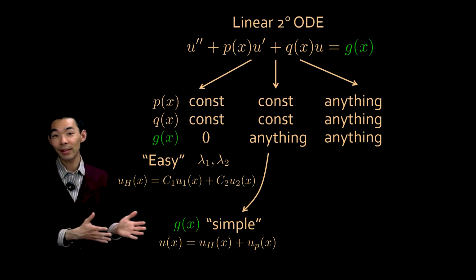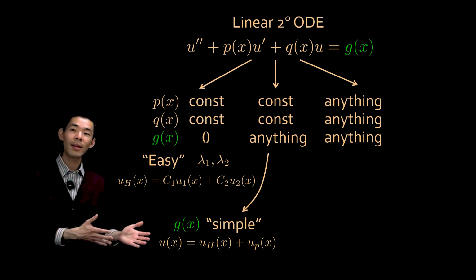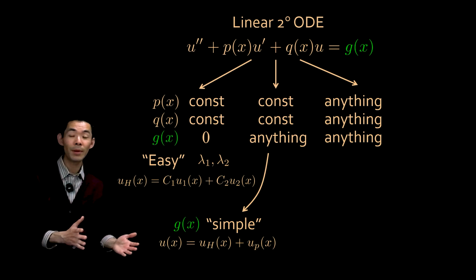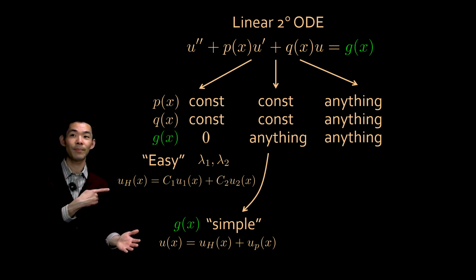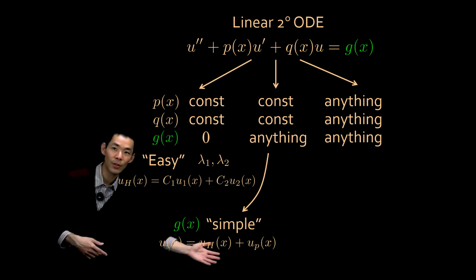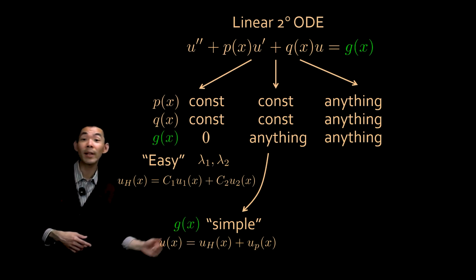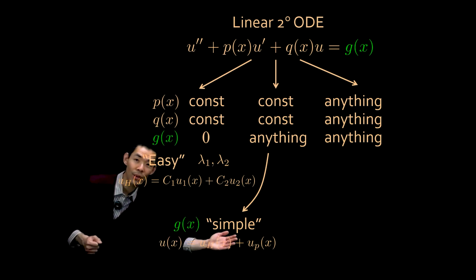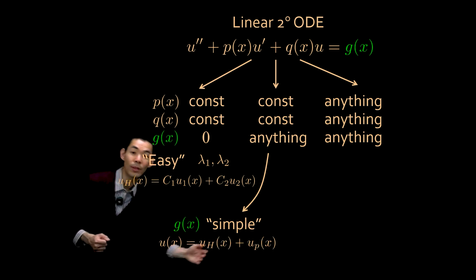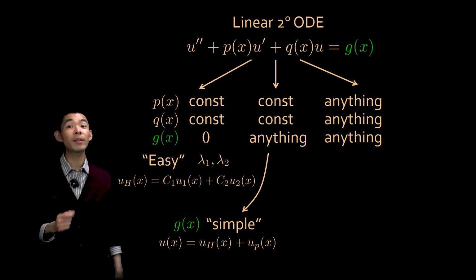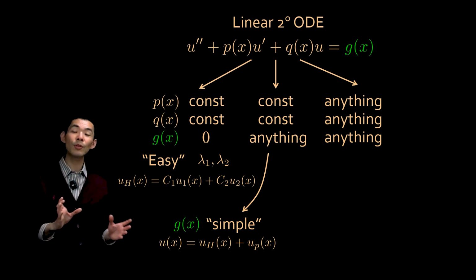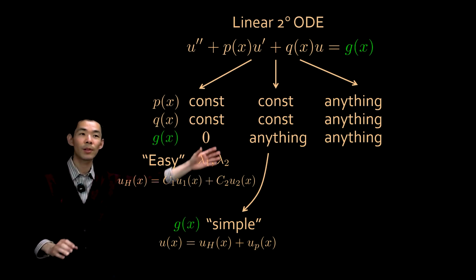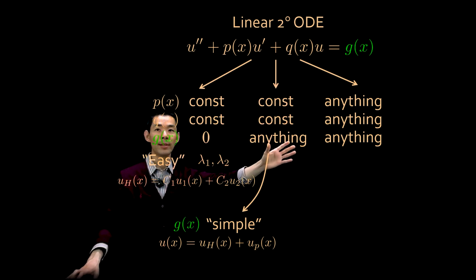If it's in this particular category, then our overall solution u of x is simply a sum of the solution you already got, right? u sub h is this first term over here. That's the function that you already know how to get. But you need to add to that an additional term over here on the right-hand side, u sub p, for particular solution. And you add those two solutions together, and your overall function u is a solution to this middle case.